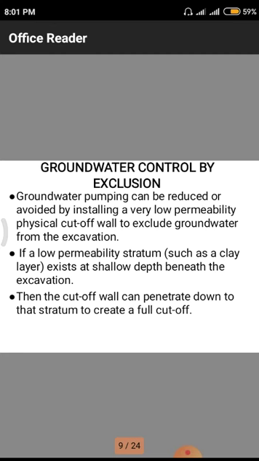Then the cutoff wall can penetrate down to that stratum to create a full cutoff. The walls have to penetrate a huge depth to reach the groundwater.